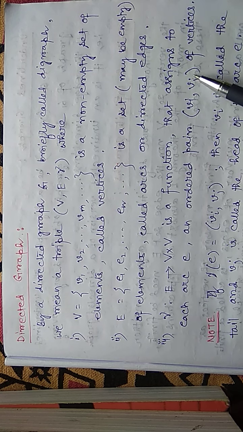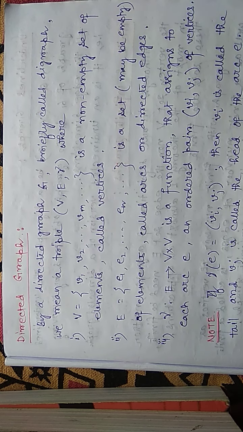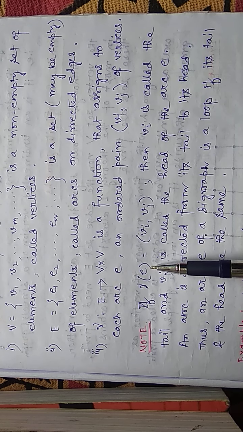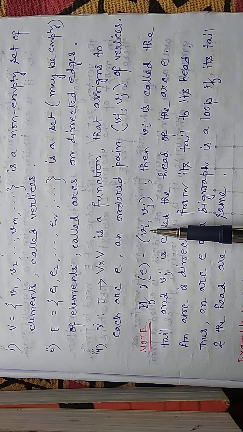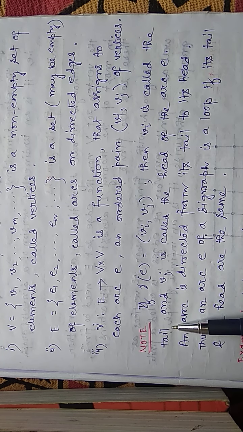So clearly the ordered pair Vi Vj is not the same as the ordered pair Vj Vi of vertices. Now gamma of some arc E equals Vi Vj. That means it starts from Vi and ends at Vj. Then Vi is called the tail and Vj is called the head of the arc E.